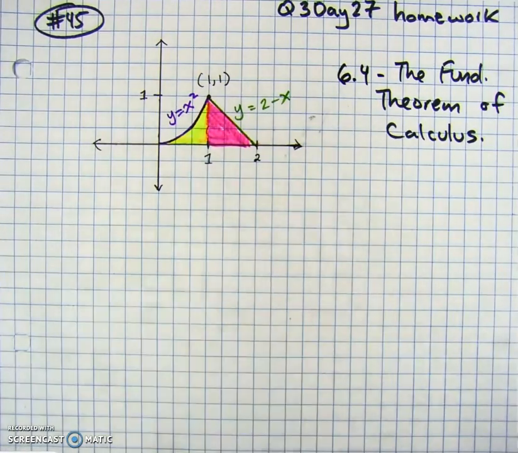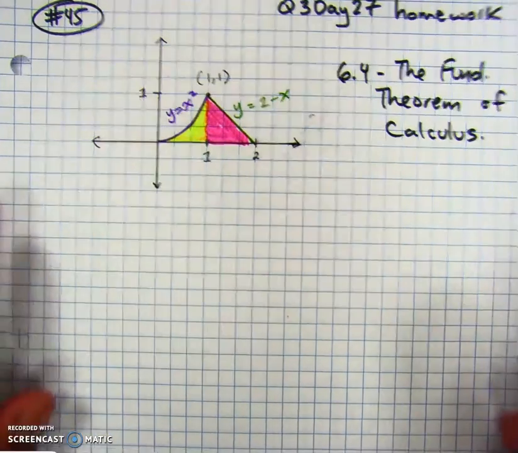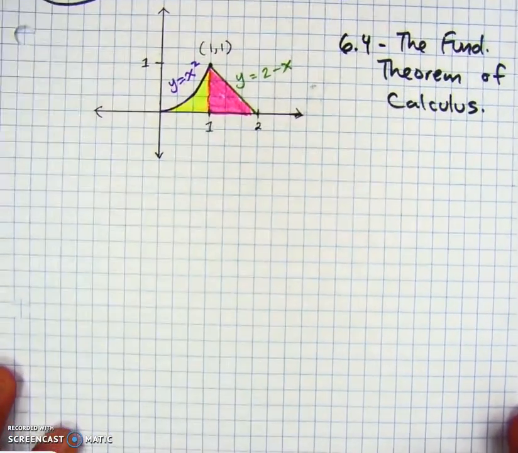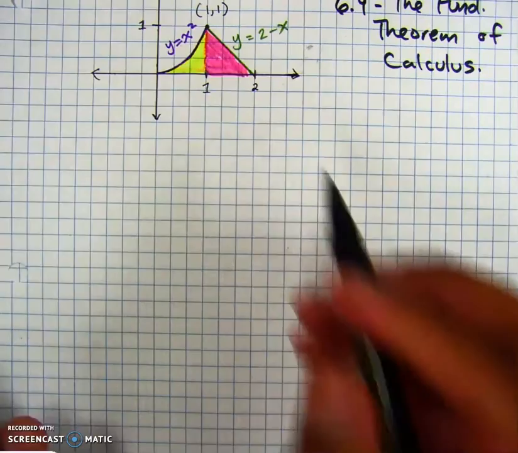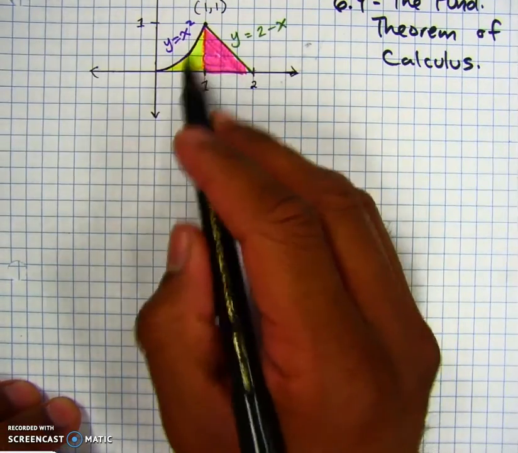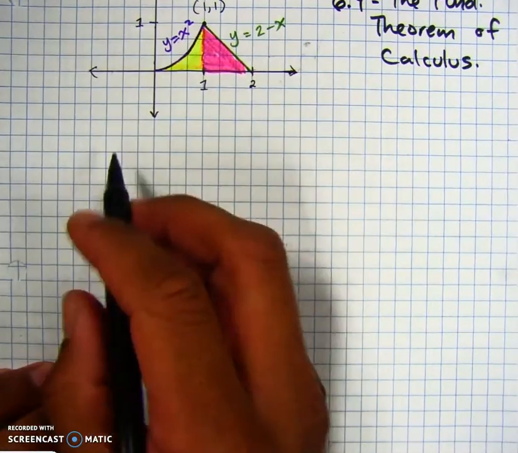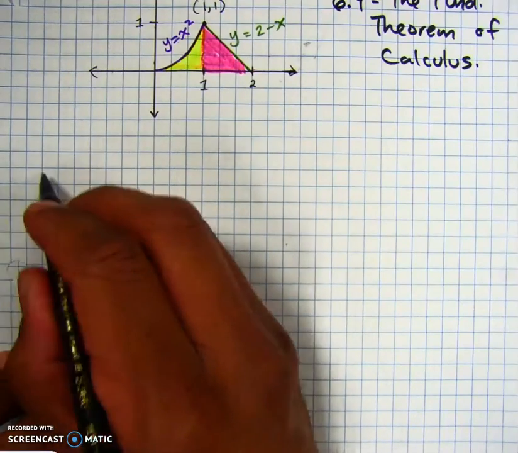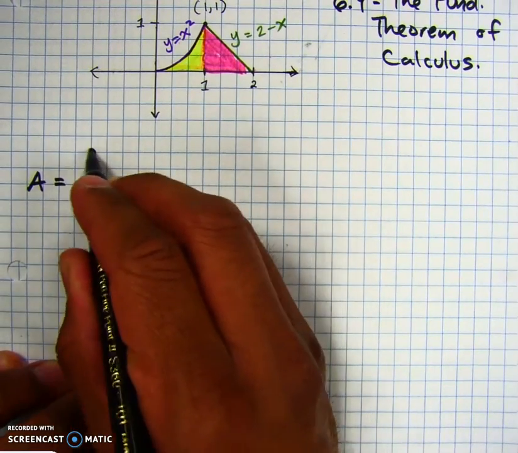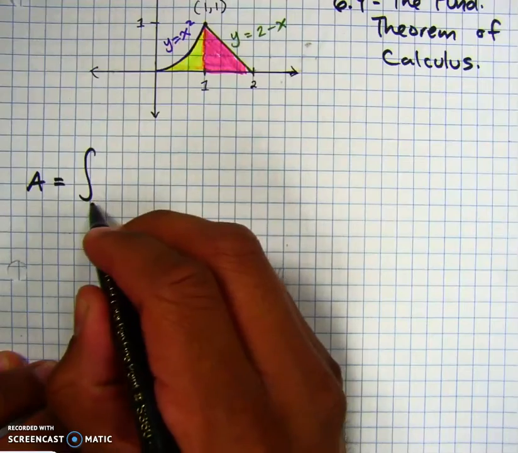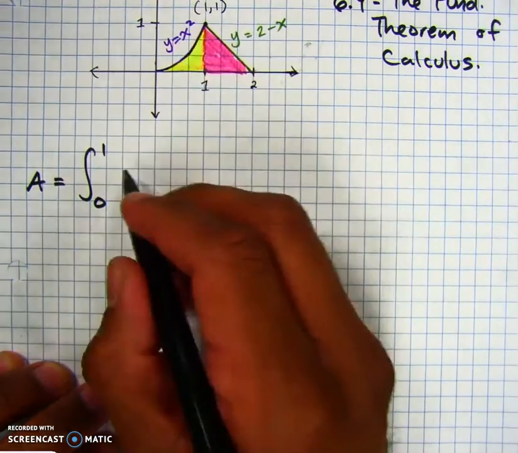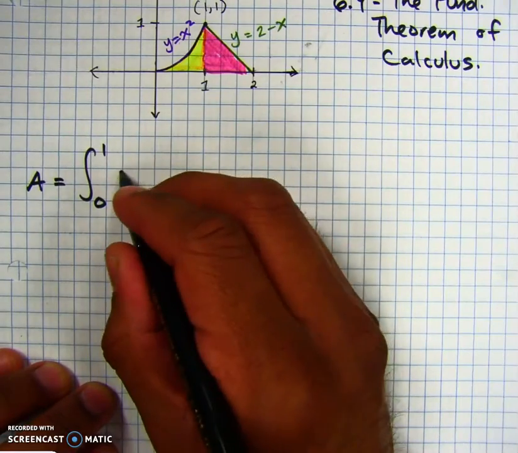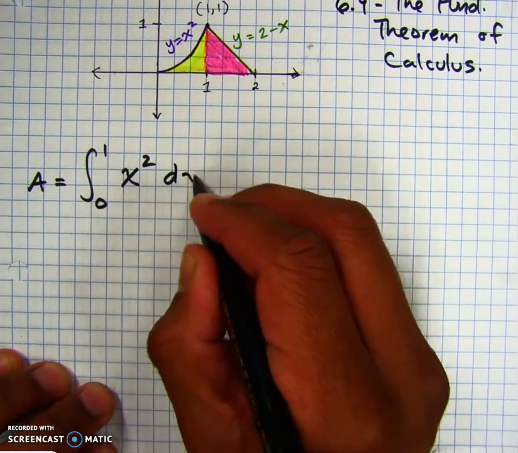So once we break it down to those two parts there, the area is broken down into those two parts, what you are going to now do is integrate, and to find the area of the yellow, you are going to integrate from 0 to 1, and it's just x squared dx.